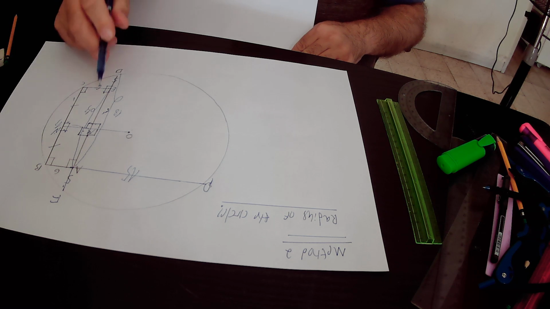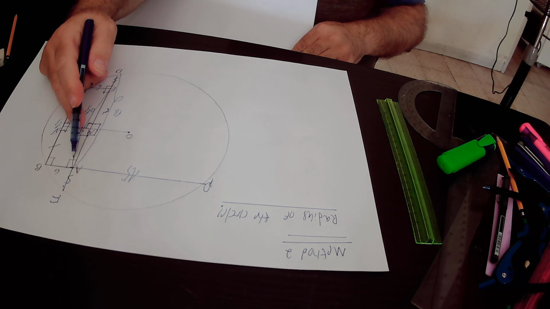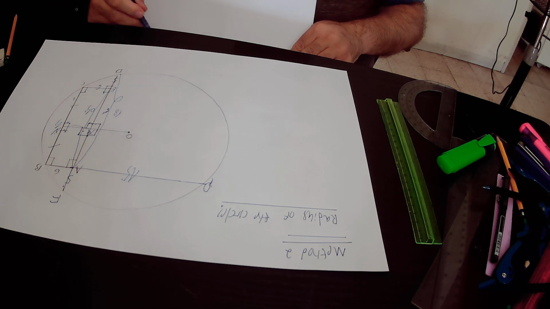Here the intersection point between the two chords creates 90 degrees. They create between them 90 degrees here. This area equals 90 degrees at point A.